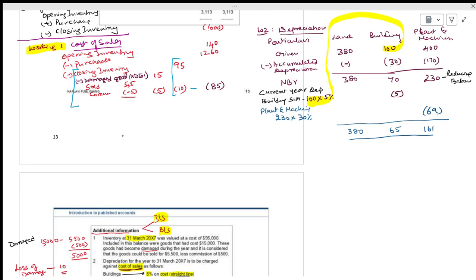Depreciation on buildings. How much is the depreciation on buildings? 5. Okay, it is an expense. Depreciation on plant and machinery, how much have we calculated? 69. Total how much?